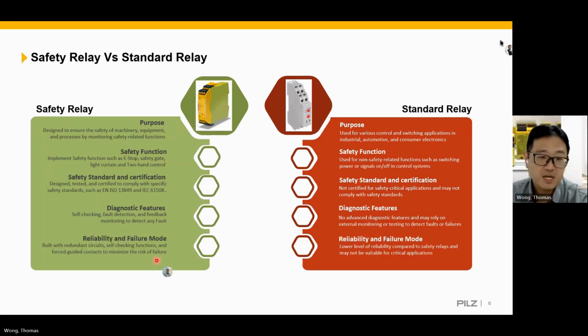As for reliability and failure modes, safety relays are built with a redundant circuit, self-checking functions, and force-guided contacts to minimize the risk of failures, whereas standard relays do not have any of this reliability compared to safety relays. And they are definitely not suitable for any critical applications.